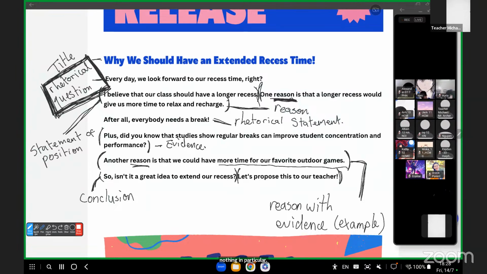What is the first part of our conclusion called? Very good, Jack. It's a rhetorical question.